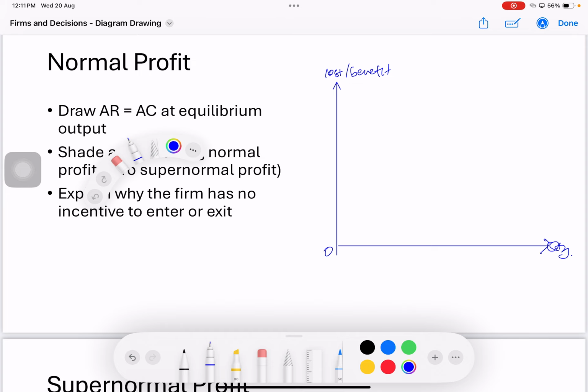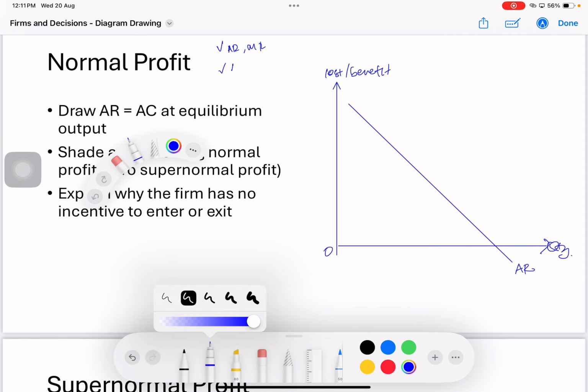So before you draw your AR and AC, the first thing is draw your AR and MR. Second thing will be MC curve. When you draw your AR curve, the other thing that I look out for is make sure that MR cuts AR in the middle.